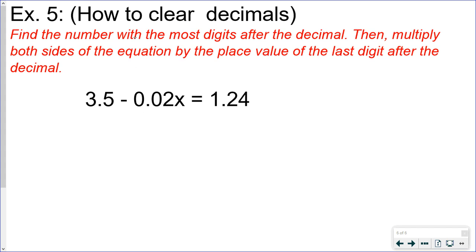It says find the number with the most digits after the decimal. Okay, well that's this number, right? 0.02. Then multiply both sides of the equation by the place value of the last digit after the decimal. So this last digit is in the hundredths place.